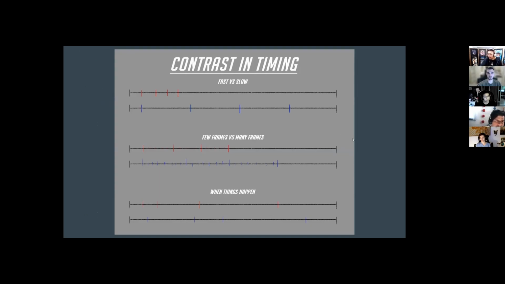Okay, so this is kind of what I mean. So contrast and timing. As you can see, these lines you can think of as timelines, right? And so the movement that things take, like fast versus slow, few frames versus many frames, or when things happen, like a contrast in the timing of when things hit along your timeline.